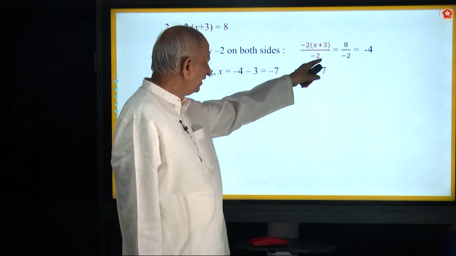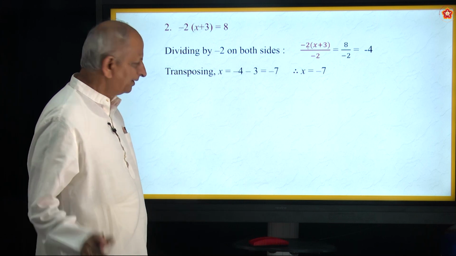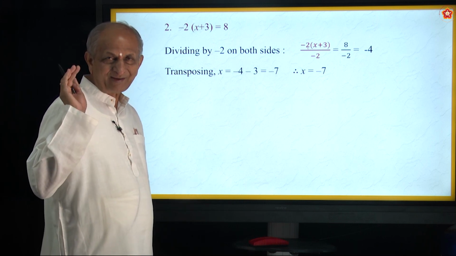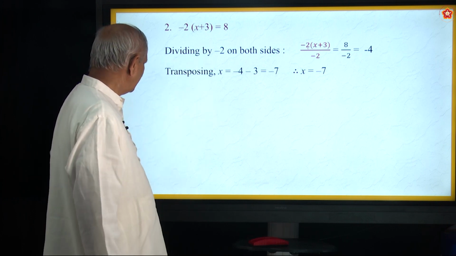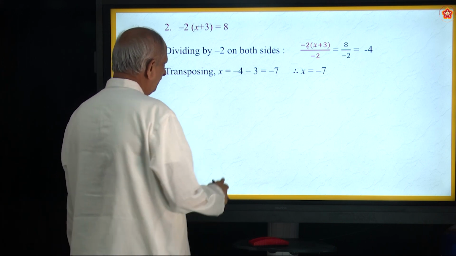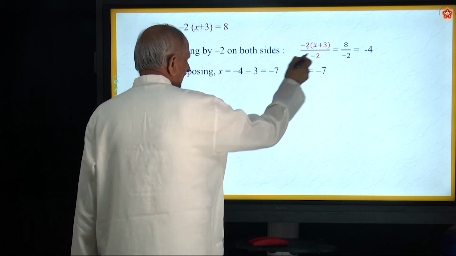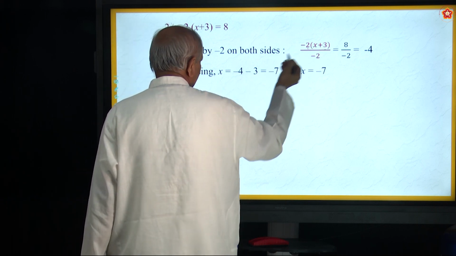So, what happens here? 8 by minus 2, that is minus 4. But the problem is not over. Correct? This is the first step. Second step, transposition. And what did you do now? Transposition, right hand side you have minus 4 and x plus 3 is there.